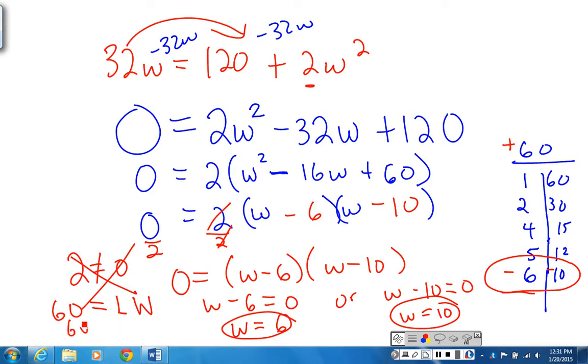And if we know that the width is 6, then what would the L have to be in order for it to be 60? L would have to be 10. And vice versa. So if W equals 6, L equals 10, and if W equals 10, L equals 6, because they have to multiply to give us 60, right?